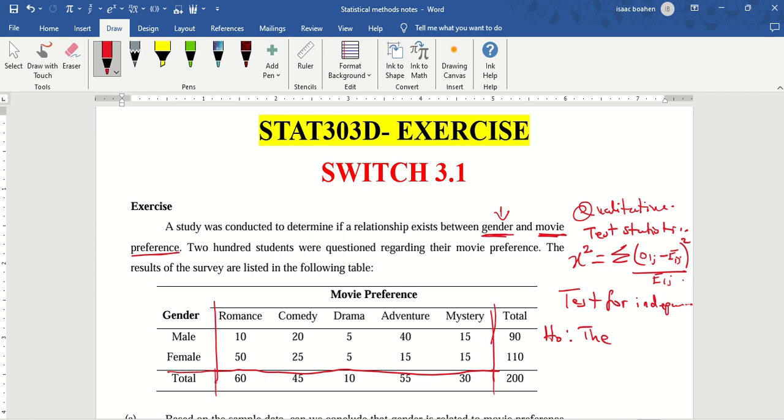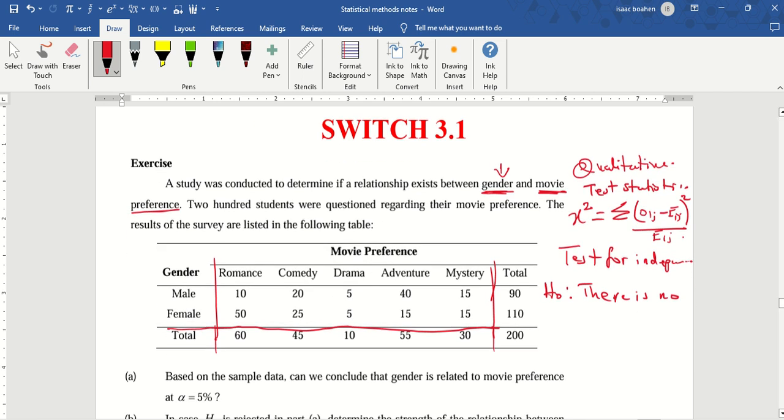So there is no dependence on these two variables, and it can be stated this way: there is no relationship.